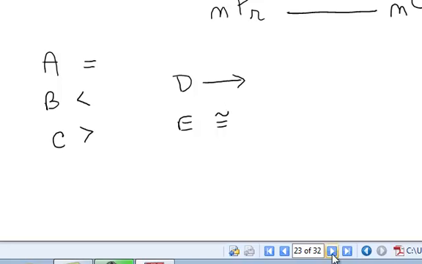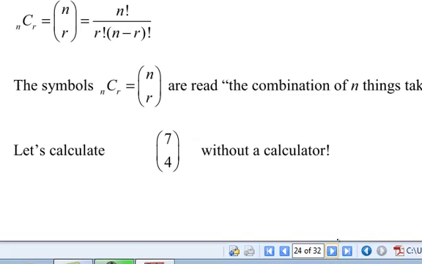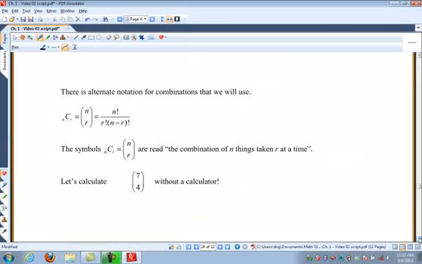Now going a little further with the math on this, there's some alternate notations for combinations that I want to introduce you to if you haven't already seen it. The combination of n things taken r at a time can be written with large parentheses instead of the C, and the n is on top and the r is on the bottom, and it's the same formula.